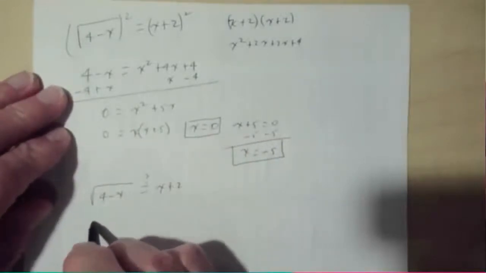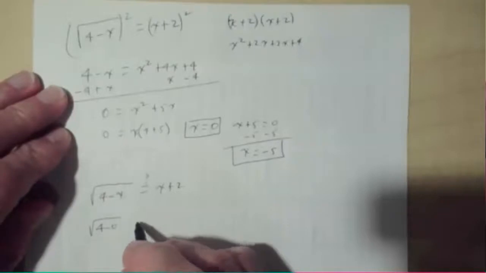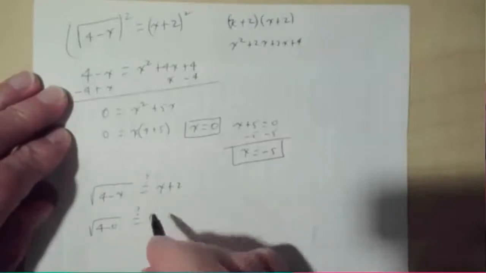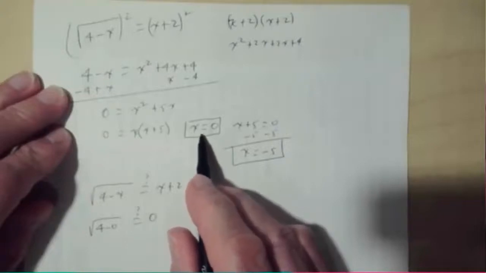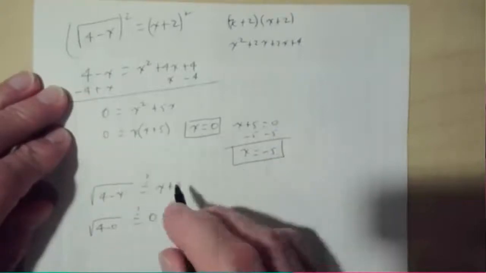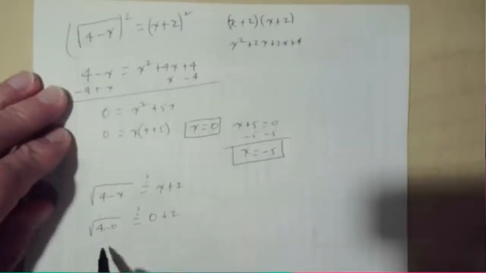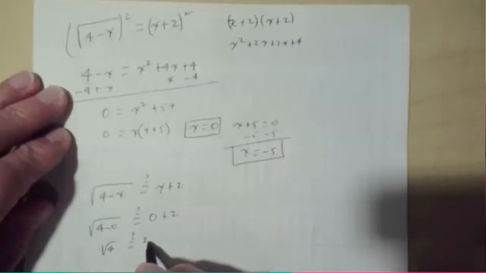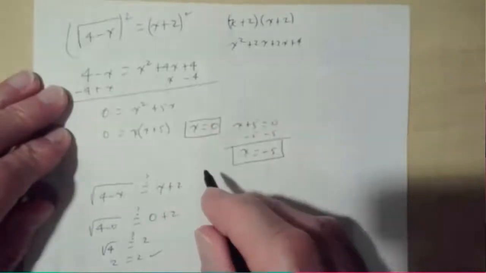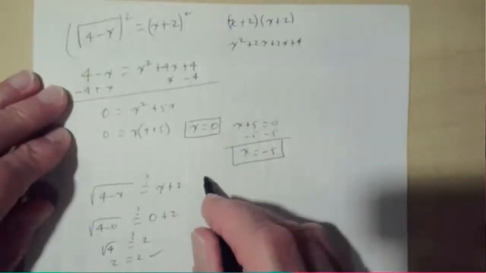Now we plug 0 in for x. So the square root of 4 minus 0, does that equal 0 plus 2? We're plugging 0 in wherever there's an x. So we have the square root of 4. Does that equal 2? Yes, 2 equals 2. So 0 is a good solution.